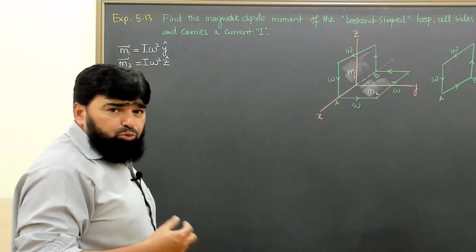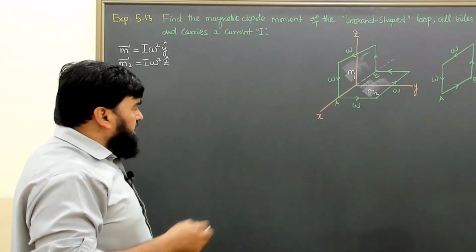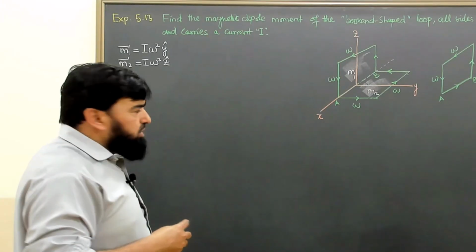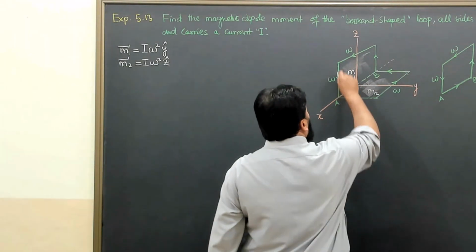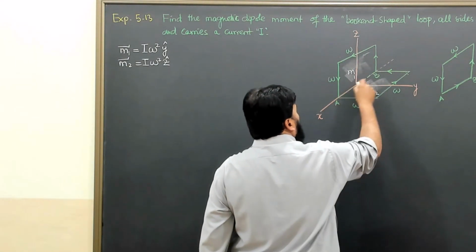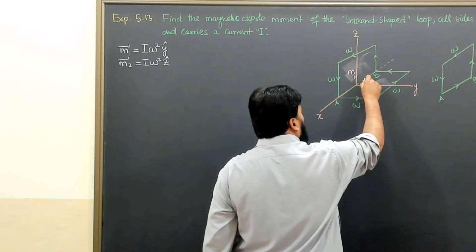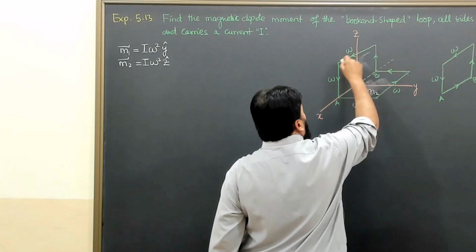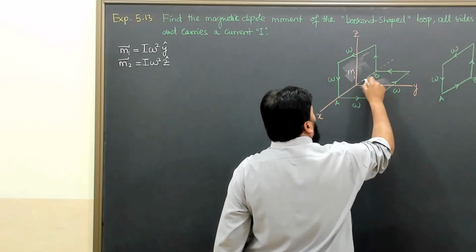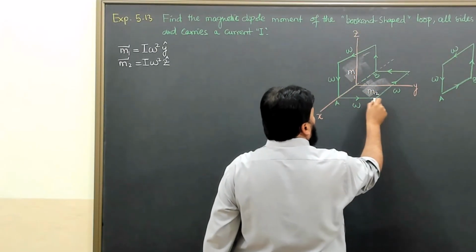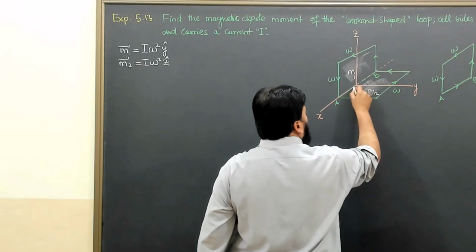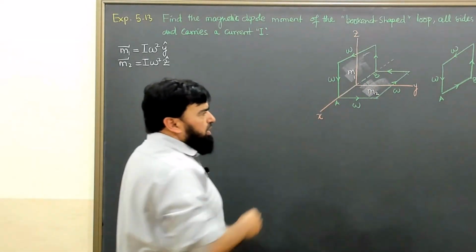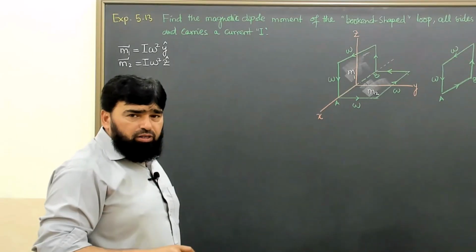As I told you, the AB side is cancelling. If I consider the loop completely here, on this side the current is going this way. If I consider this other loop, then the current is going the opposite way, as shown in the figure as well.